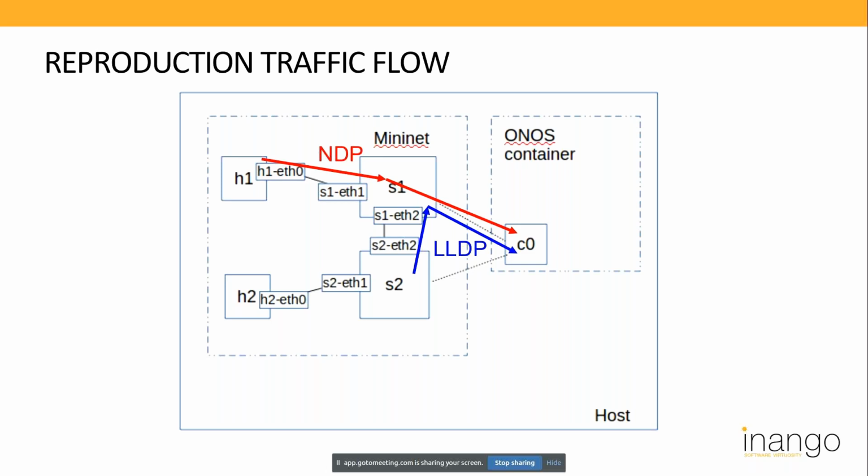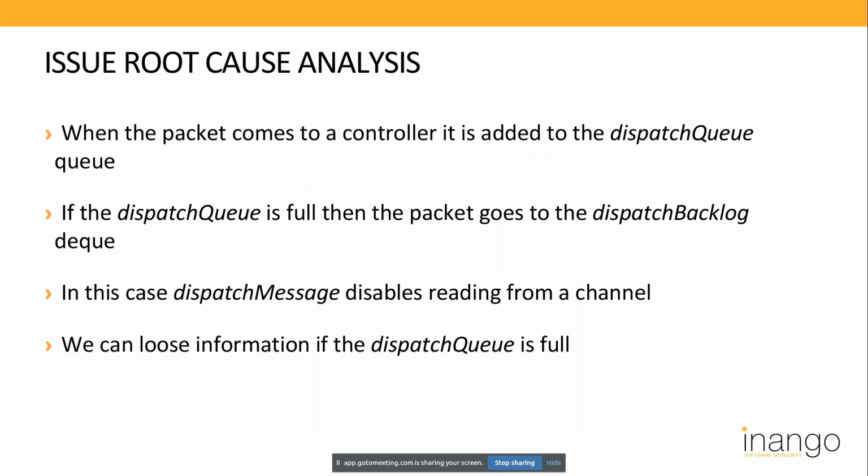ONOS adds all incoming messages to a single dispatch queue. In one thread all messages are added to the dispatch queue, and in another thread these packets are processed. By default the dispatch queue can contain 5,000 messages. When the dispatch queue is full, reading from the TCP socket is stopped.